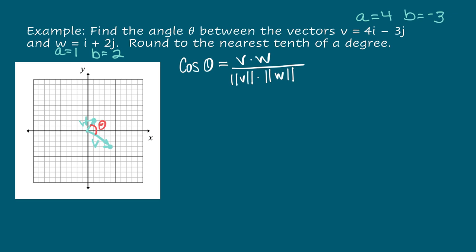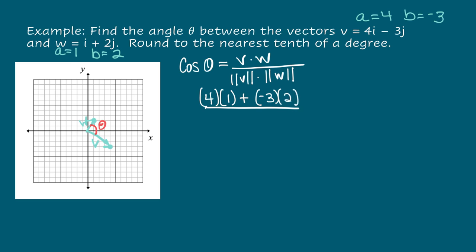So the dot product of v and w will be 4 times 1, my a components, plus my b components. So my a components are 4 and 1. My b components are -3 and 2.